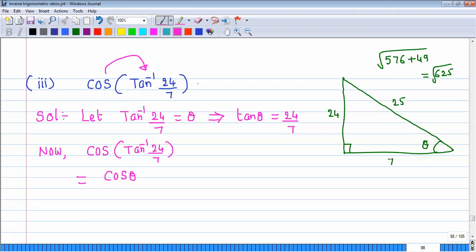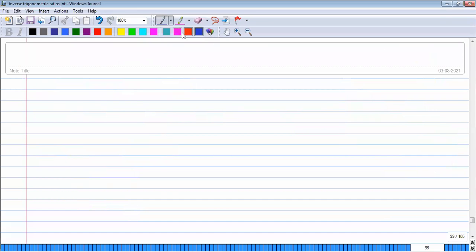Now cos theta is equal to what? 7 upon 25. It's clear? Yes, sir. Shall I move to the next question? Yes, sir. Fourth one.